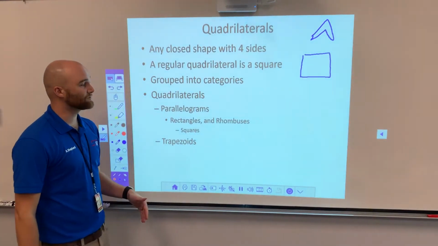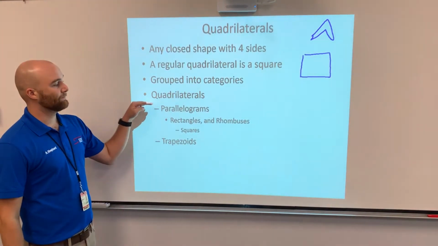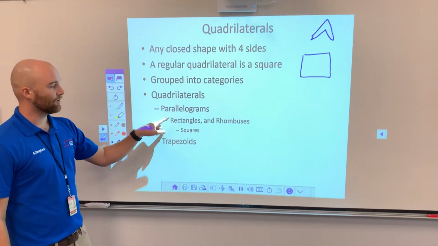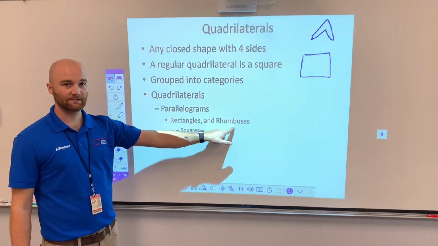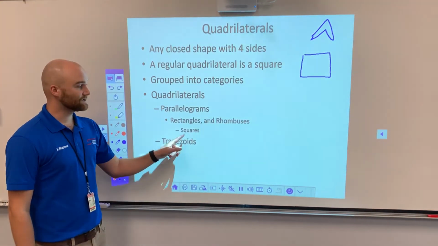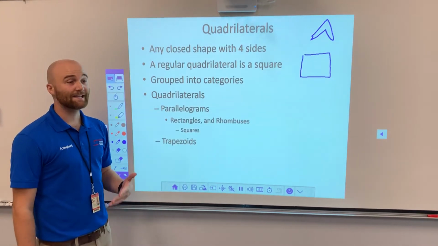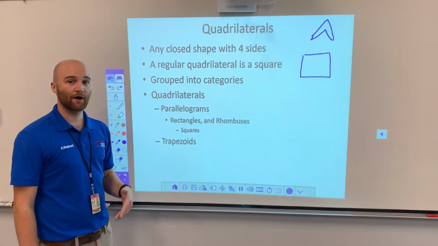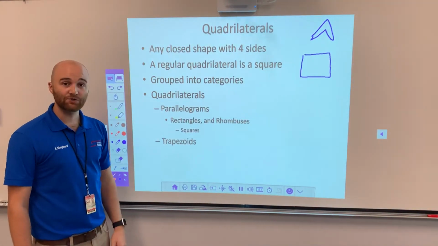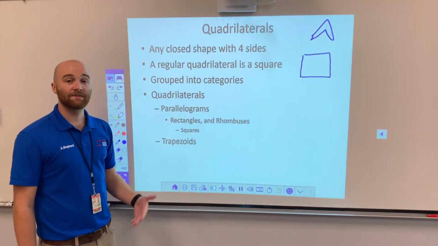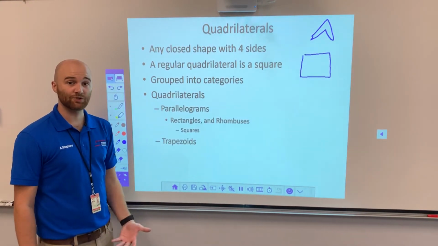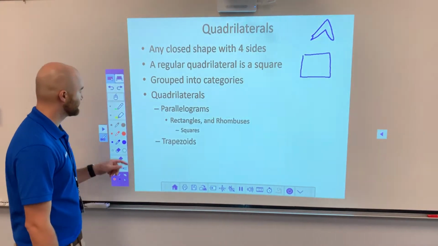Those special types of quadrilaterals are parallelograms, trapezoids, rectangles and rhombuses, and the most special kind of quadrilateral is a square, because the square is the regular version of a quadrilateral. Let's talk a little bit more specifically about each one of these terms, and then we're going to draw in a graphic organizer that will help us to see the relationship between these terms.